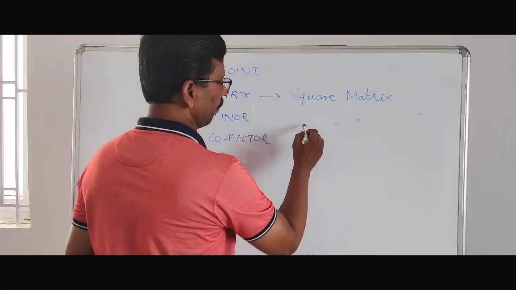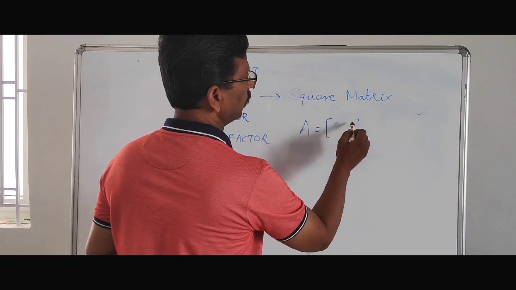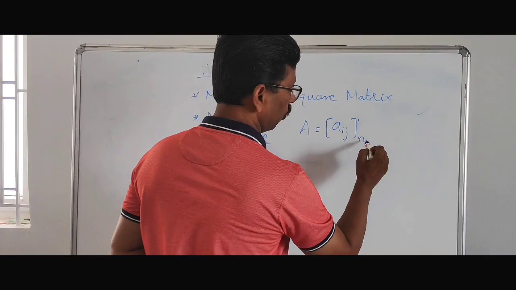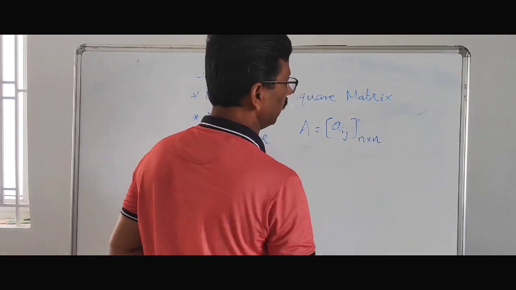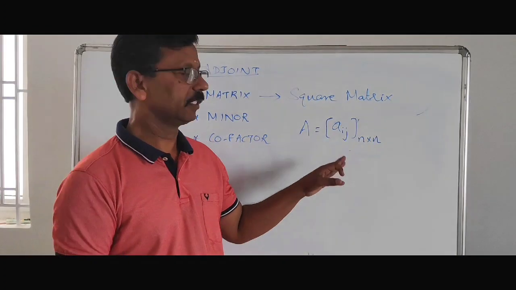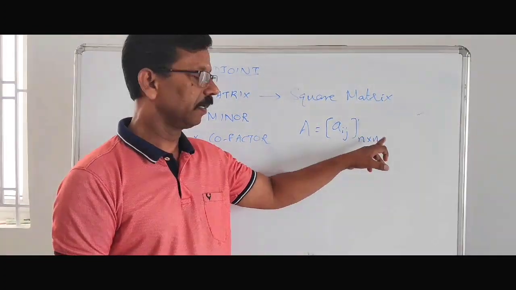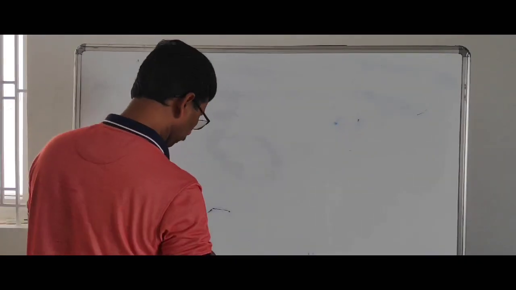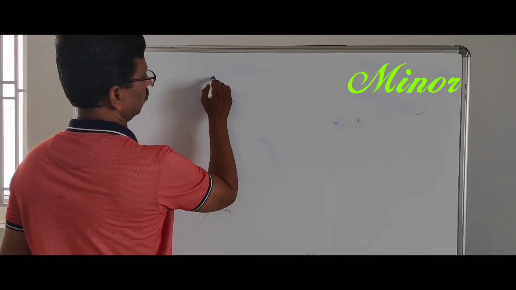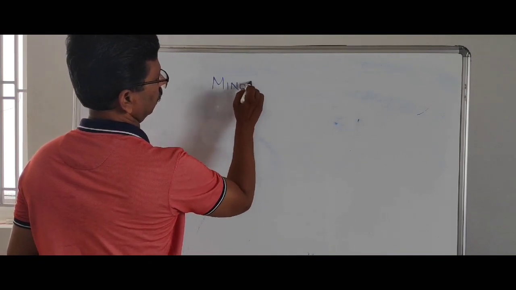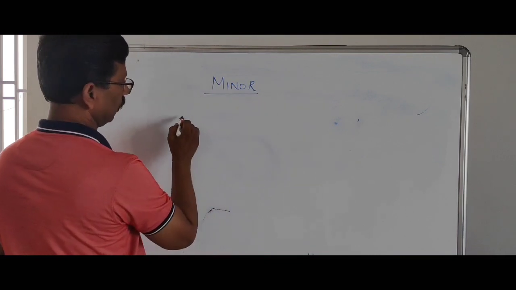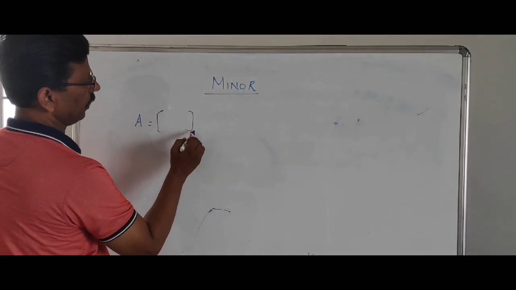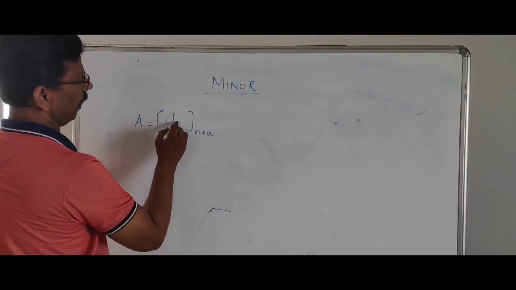For example, you can take a matrix capital A whose elements are Aij, then number of rows equal to number of columns. Therefore, we can call it an n by n square matrix. Now this is a matrix of order n by n whose elements are Aij. Now A is equal to a square matrix of order n, Aij.